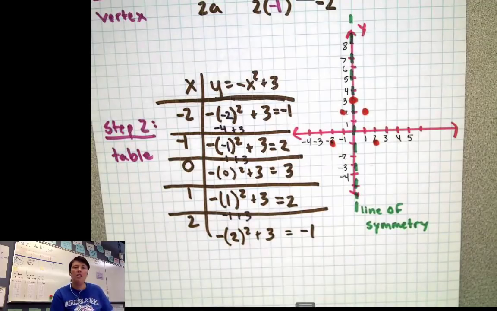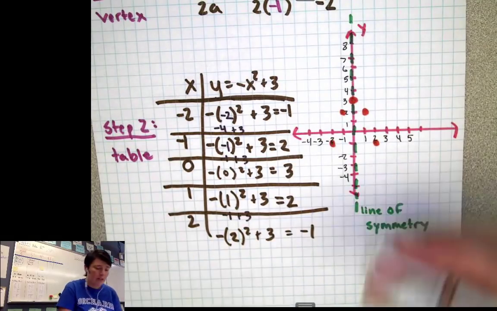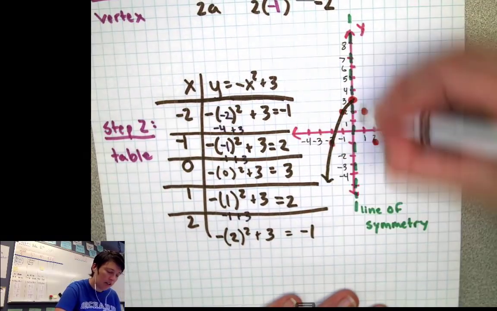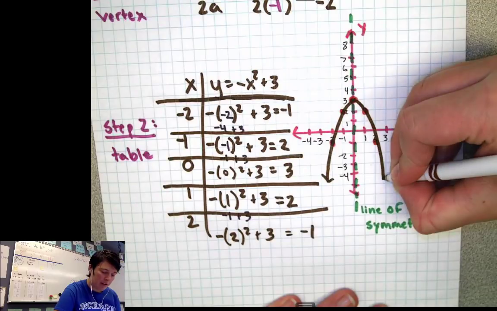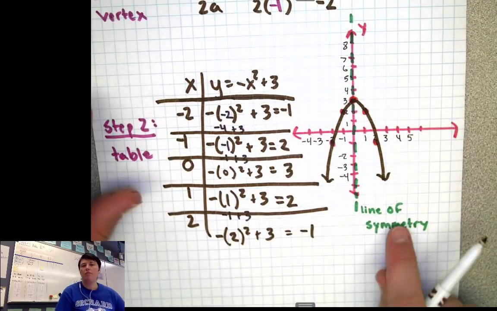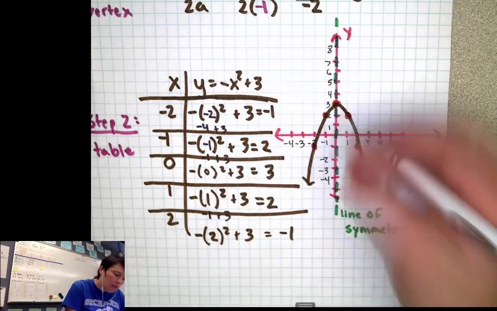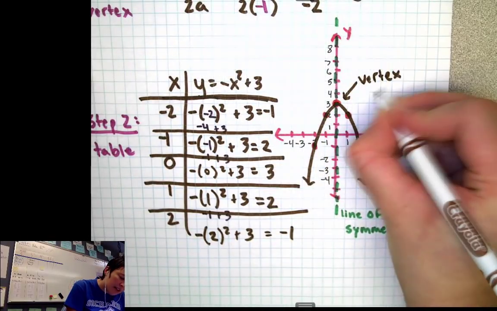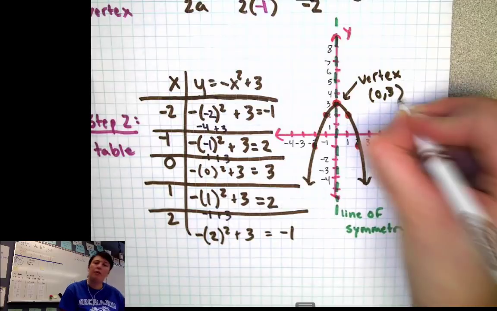Ah, there it is. Look at this. Our parabola this time is one of these ones that's pointing in the downwards direction, like this. We've got our line of symmetry going right down through the middle, and then there's that vertex. That vertex is happening at 0, 3. We got our label on there.